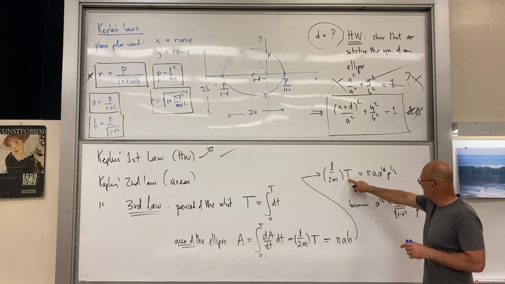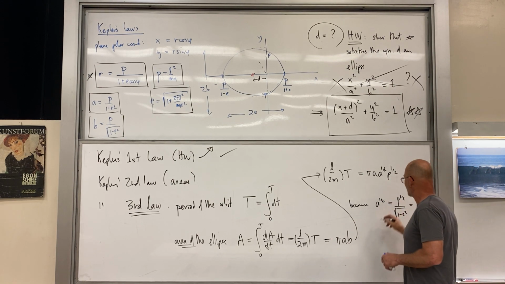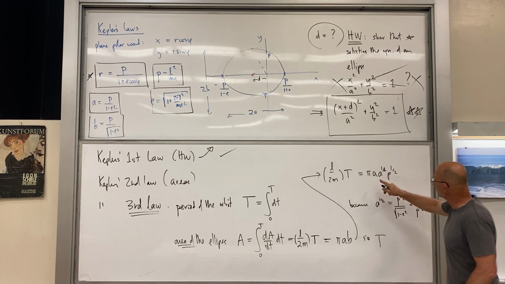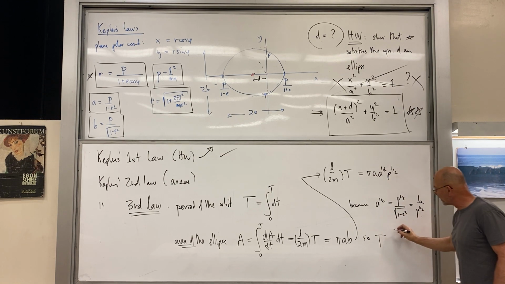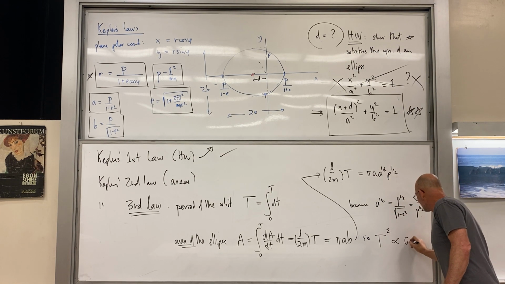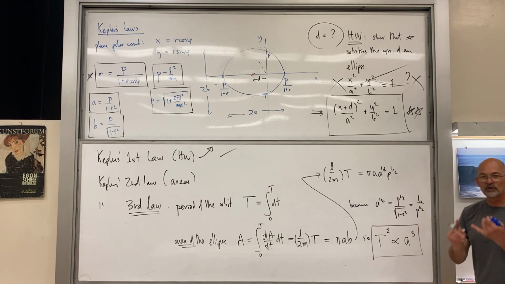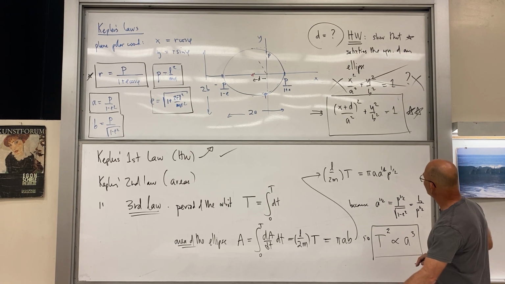Here we have T proportional to a to the 3/2. So T is proportional to a to the 3/2, therefore T squared is proportional to a cubed. So Kepler's laws 1, 2, and 3 are satisfied in this problem here.